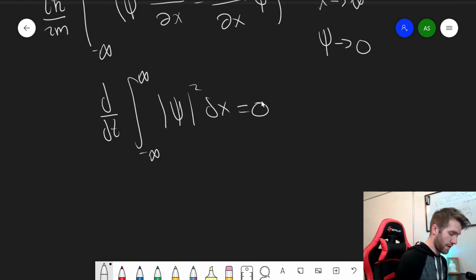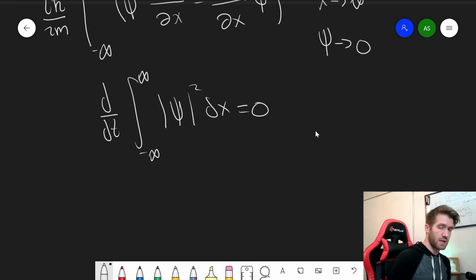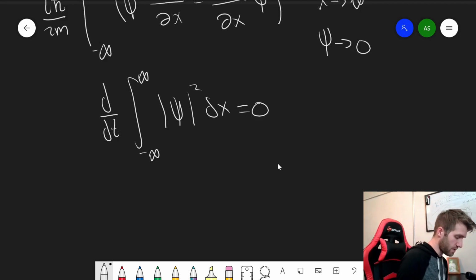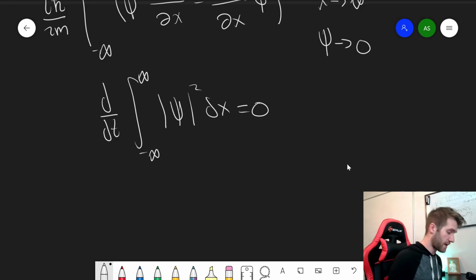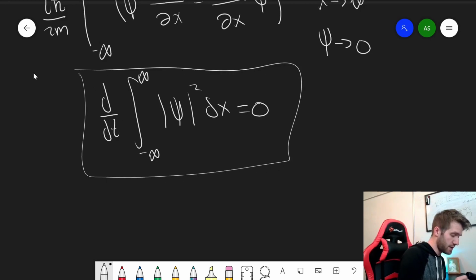Because we have a constant here that is 0, that very clearly validates the normalization condition, suggesting that the normalization does not change for an arbitrary amount of time. So there you go. That validates the normalization condition.